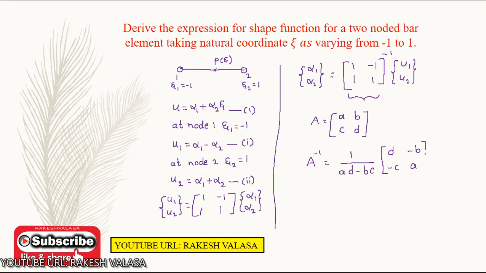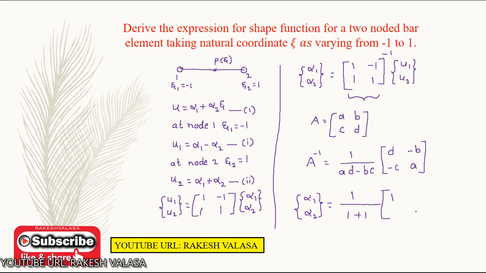Now apply the same formula to this equation. So alpha 1 alpha 2 equal to the matrix inverse. Write 1 by AD minus BC, that is 1 into 1 minus minus 1 into 1, that is 1 plus 1. Next, interchange the diagonal elements.